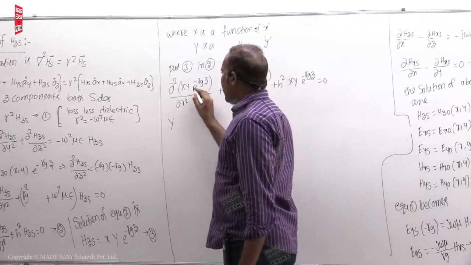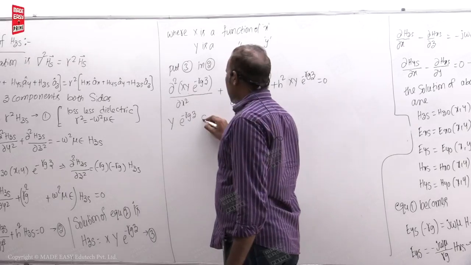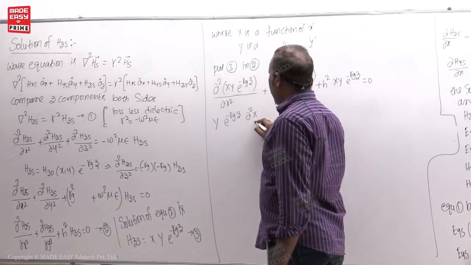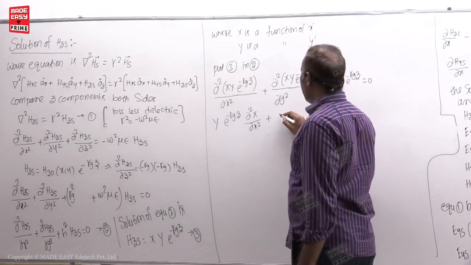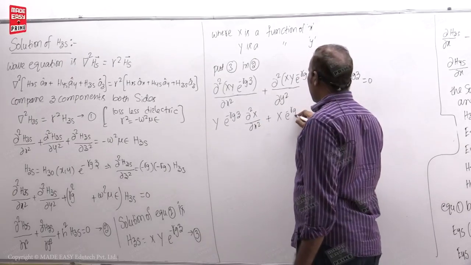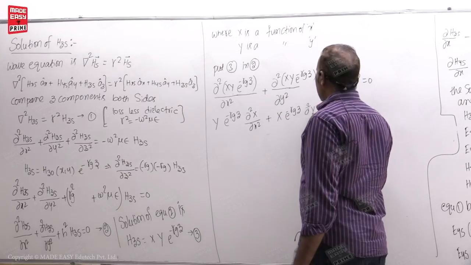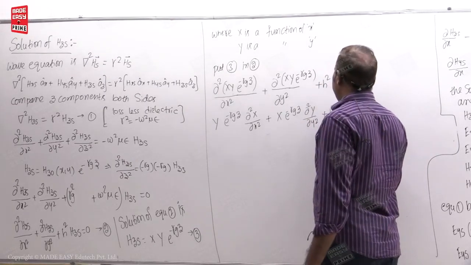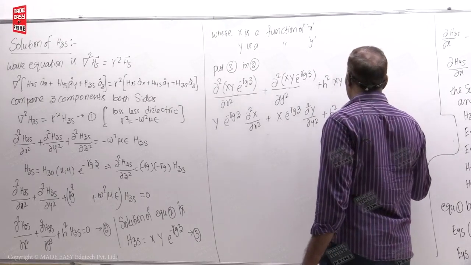So Y e power minus gamma g z, then dou square X divided by dou x square, and partial differentiation with y means Y is the only variable, capital X into e power minus gamma g z, then dou square Y by dou y square, then ultimately h square XY e power minus gamma g z is equal to 0.